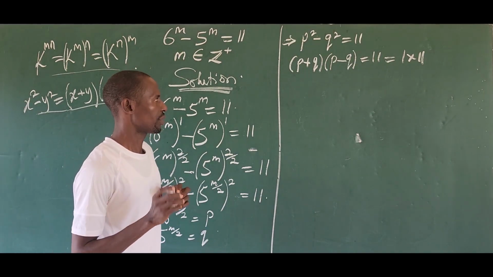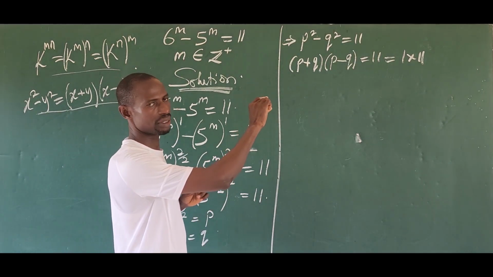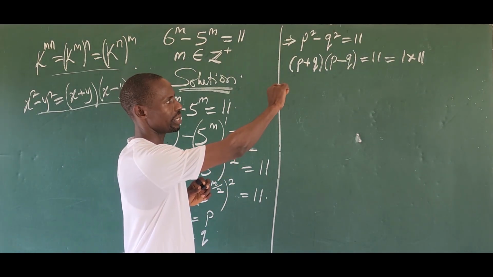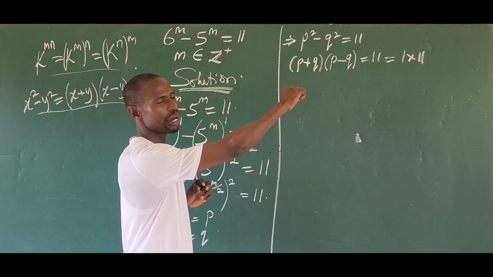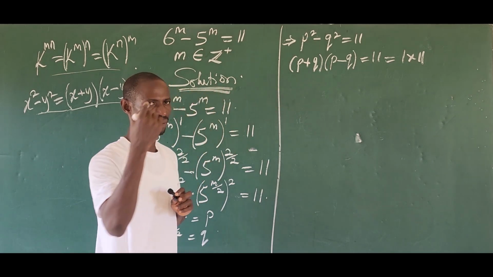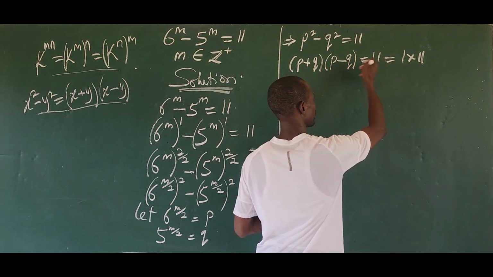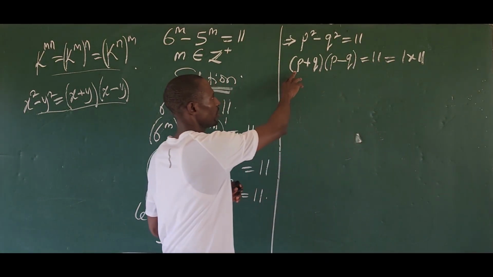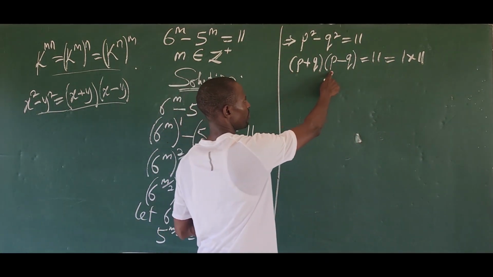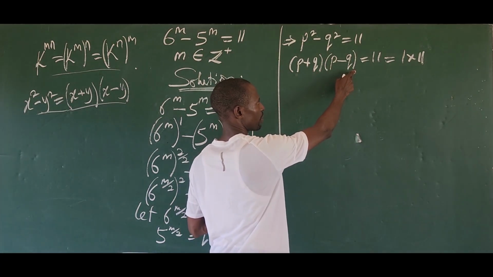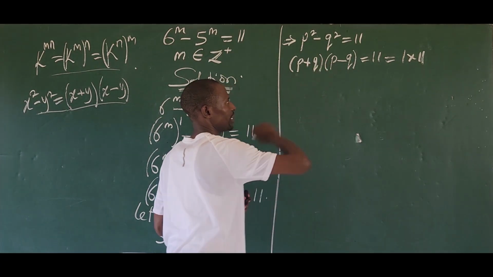Okay, good. Since we don't have an even number in the midst of 1 and 11 there, we just have to think of the one that will be of the higher value and the one that will be of the lesser value. So if you look here, we are having p here, p here, q here, q here. So this is the sign we have in between.